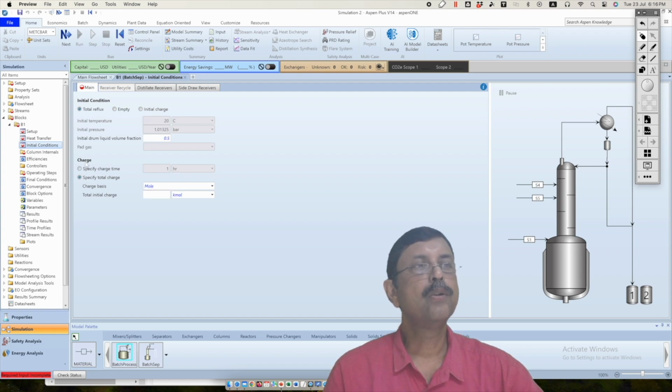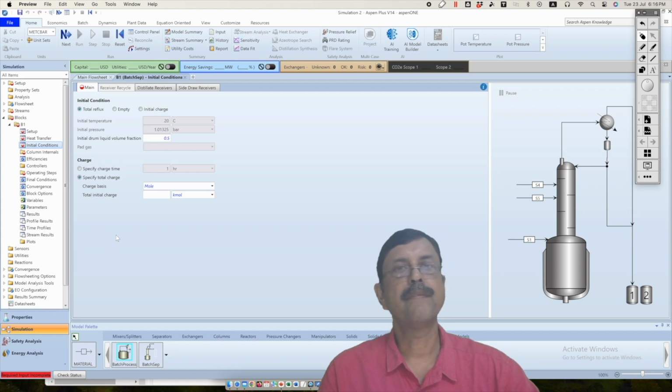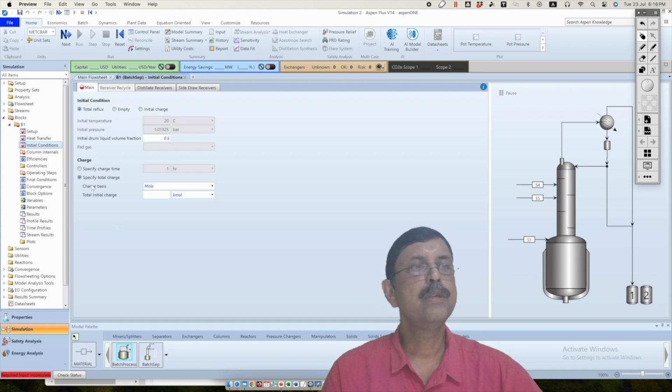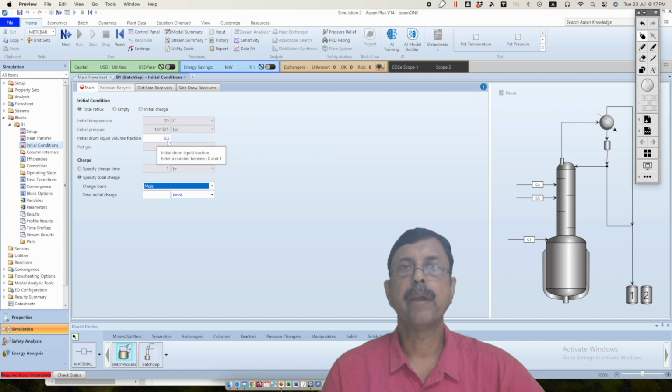So that is the total amount of charge that you decide upon by specifying the charge time, or you can specify the total amount of charge, either in moles or mass. And you have to provide the initial drum liquid volume fraction. It may be 0.5, it may be 0.7, anything between 0 to 1.